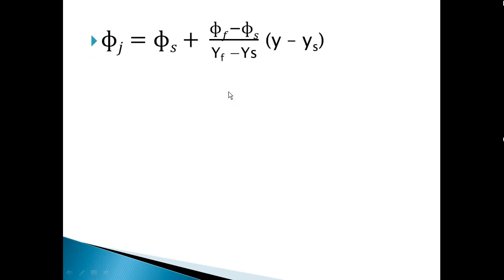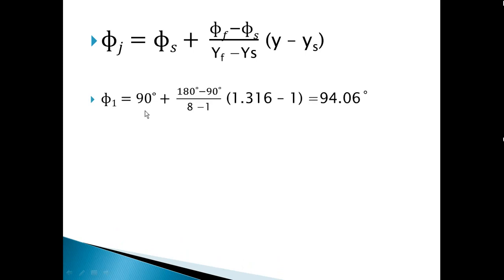Then for the output angle, repeating the same procedure, but now the values are related to y and phi instead of x and theta. First, phi 1 equals 90 degree, because the starting output angle is 90 degree and the final output angle is 180 degree.